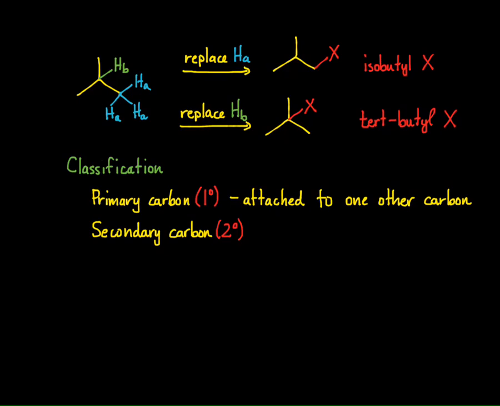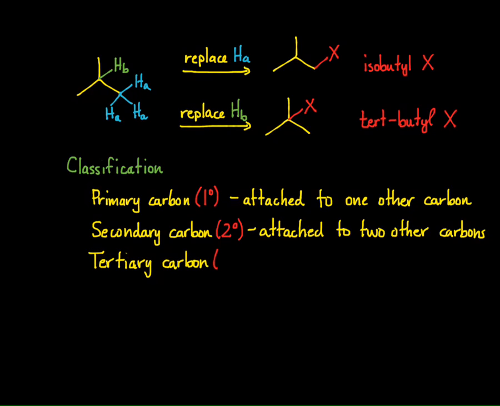Then you have a secondary carbon, which is abbreviated 2 with the degree symbol. And a secondary carbon is attached to two other carbons. Then we have a tertiary carbon, which is abbreviated 3 with that degree, and a tertiary carbon is attached to three other carbons. Lastly, we have a quaternary carbon, and I'll talk about that later on, which is attached to four carbons, right? So there are no hydrogens on it, basically.